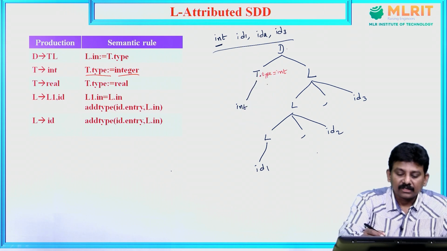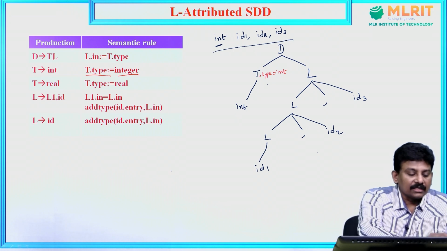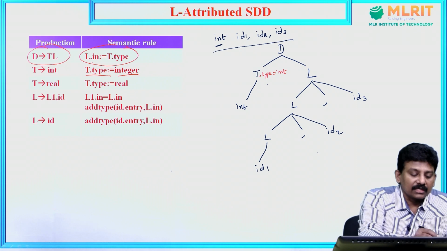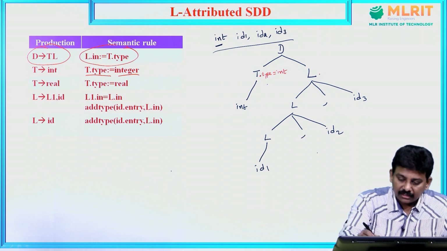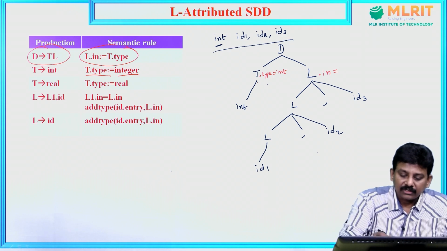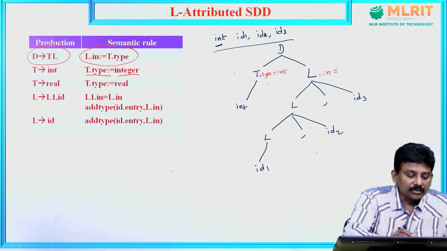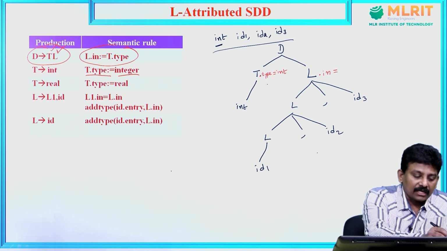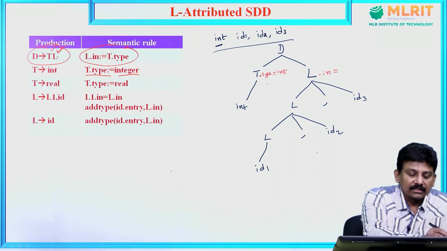Then D derives TL, and the semantic rule is L.in = T.type. What is T.type? L and T are siblings, and for L, T is the left sibling. We are getting the value from the left sibling, so that is an inherited attribute.